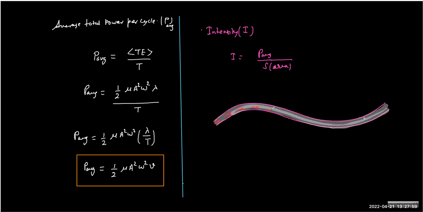This is how the energy propagates. I'm just zooming in so you can see. This is called the cross section area, S, the cross section area through which the energy is entering. Energy is passing through this area. That's the whole idea. And intensity is defined as the energy crossing per unit area per unit time.